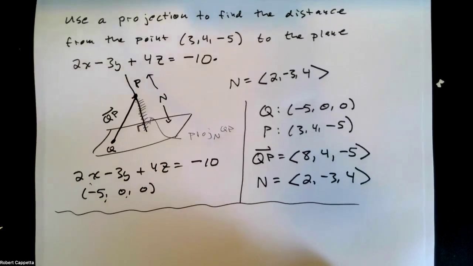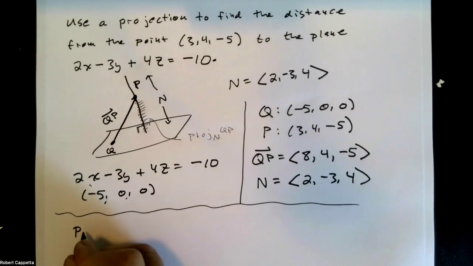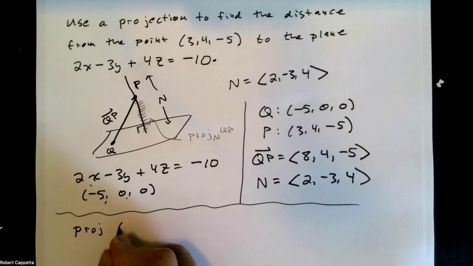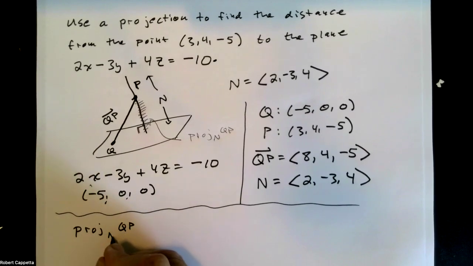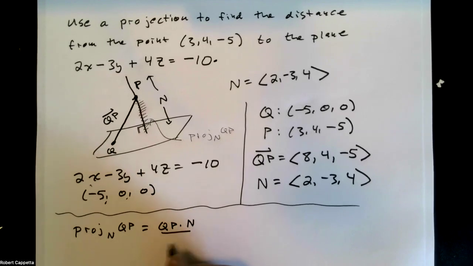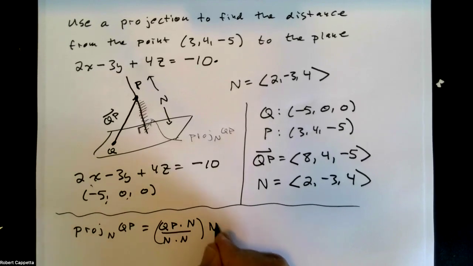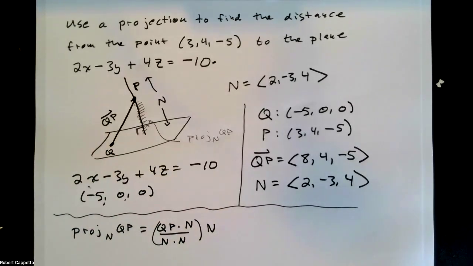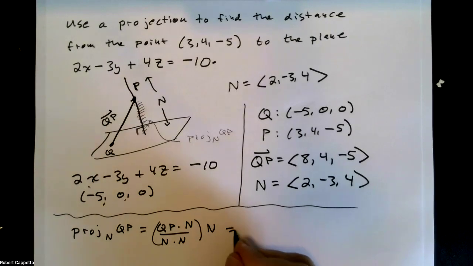What is the projection of QP onto n? What's our formula? QP dot n over n dot n times n. What is QP dot n? What are we going to get here?